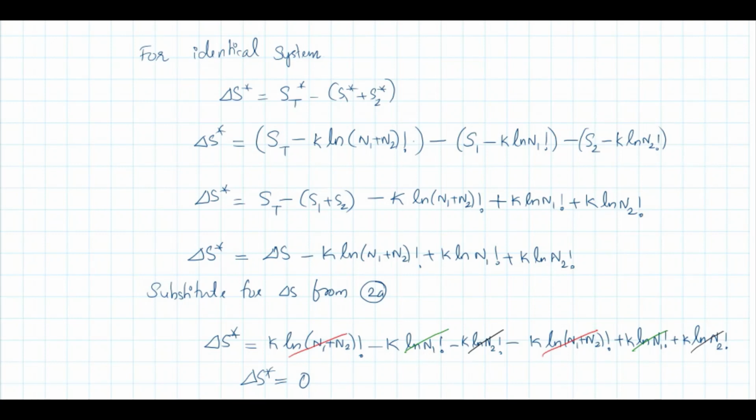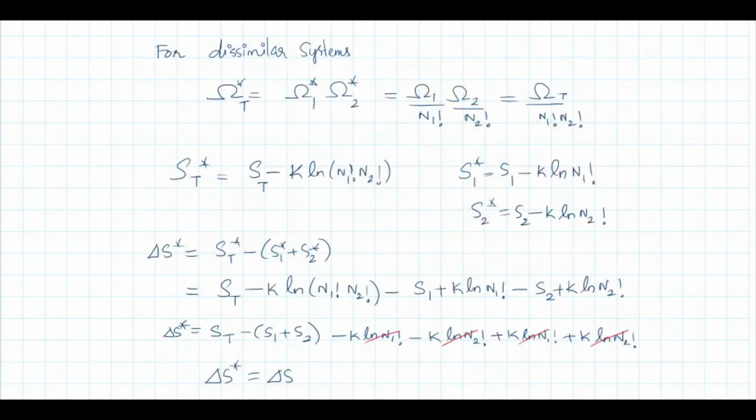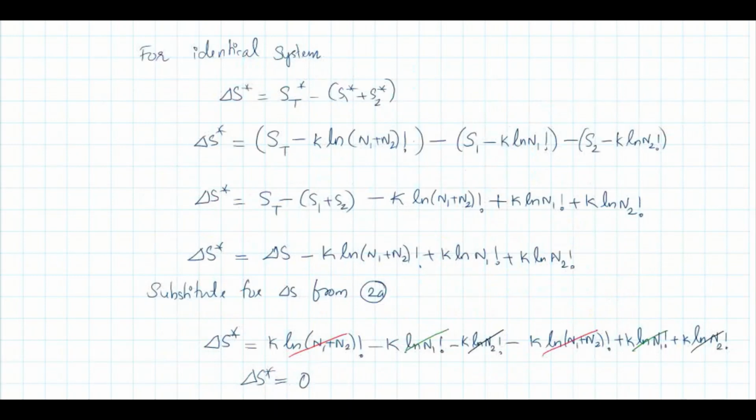There is a term minus k log (n1 plus n2) factorial plus k log n1 factorial plus k log n2 factorial. If you substitute delta S from equation 2a, you will get k log (n1 plus n2) factorial minus k log n1 factorial minus k log n2 factorial, minus these terms: k log (n1 plus n2) factorial plus k log n1 factorial plus k log n2 factorial. All these terms will cancel and you will get delta S star as 0.